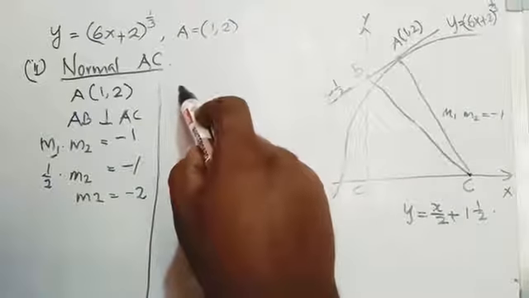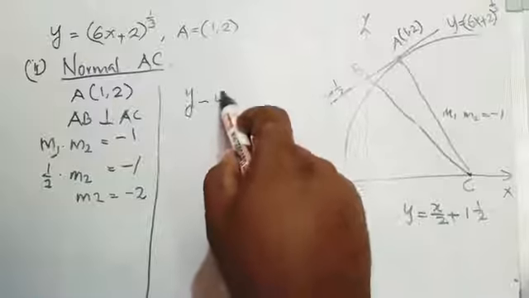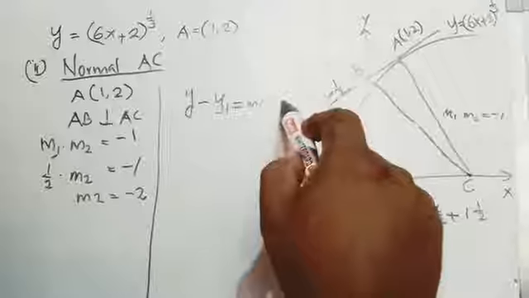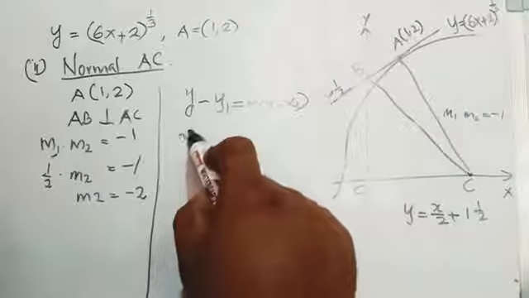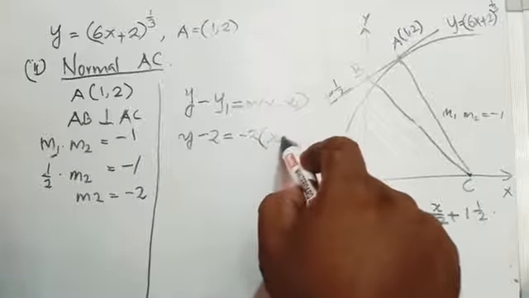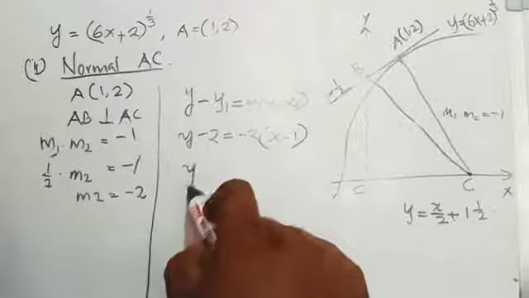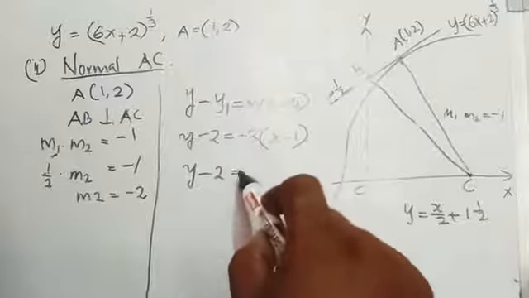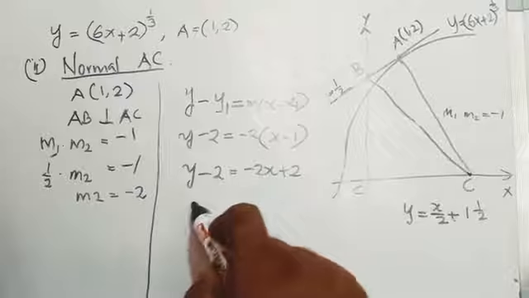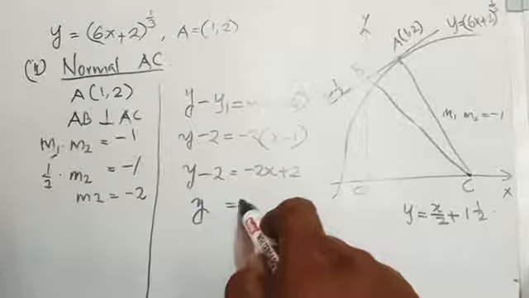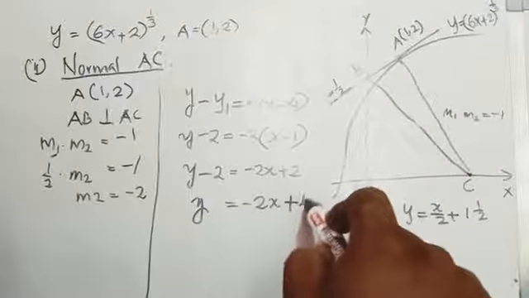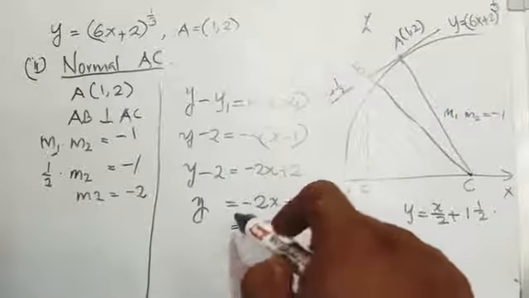Now to find the equation of the normal, use the formula. So the equation of normal, y minus y1 is equal to m of (x minus x1), that is y minus 2 is equal to minus 2 of (x minus 1). y minus 2 is equal to minus 2x plus 2, or y is equal to minus 2x plus 4 as the equation of normal.